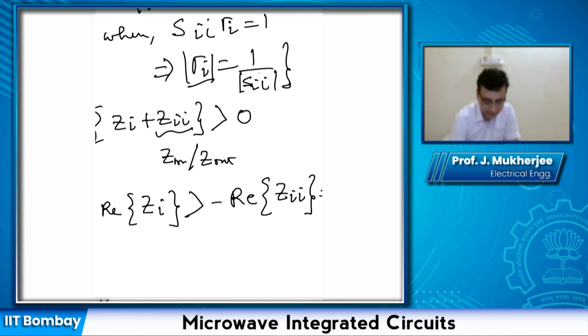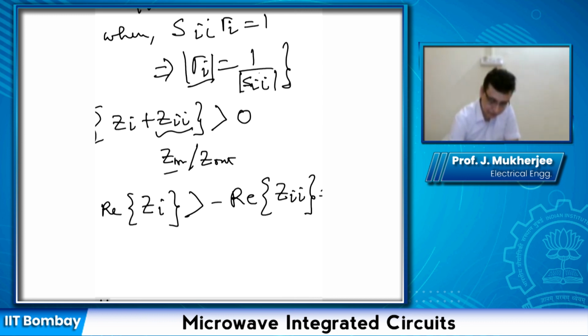Why? Because Zii must have negative real part, because Zii represents Z in.